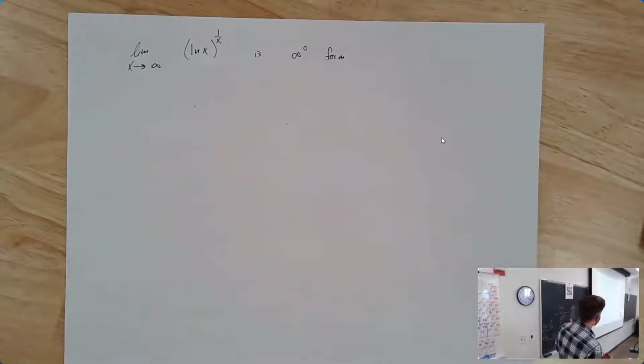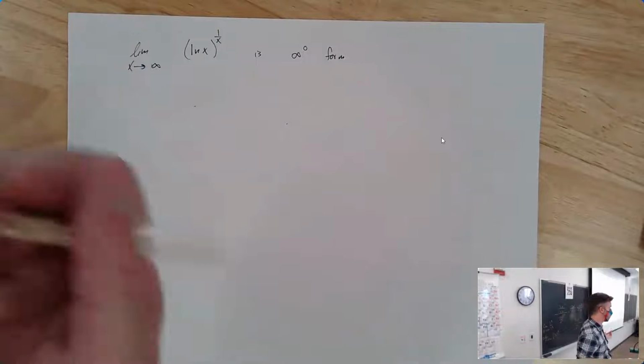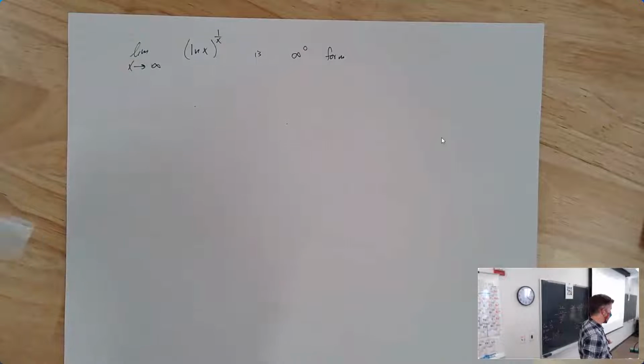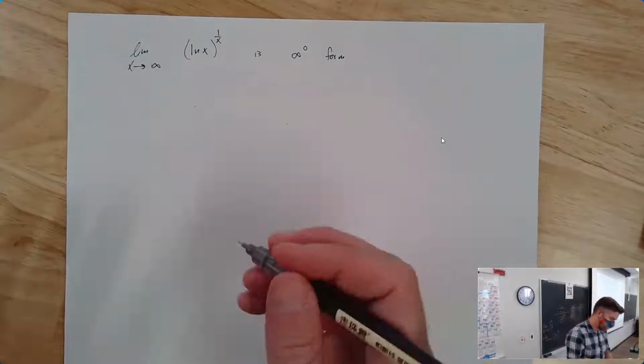I'm going to say this as many times as I can. For any of these exponential forms where you have an x in the exponent, you always want to do this thing where you take the natural log. And you can either do it the first way I did it or the second way I did it, where you do it as e to the natural log of your stuff the whole way through, or you can take the natural log of the thing and then at the end say your answer is e to the that. I kind of like doing it the second way. I didn't always, but I've kind of grown accustomed to it.